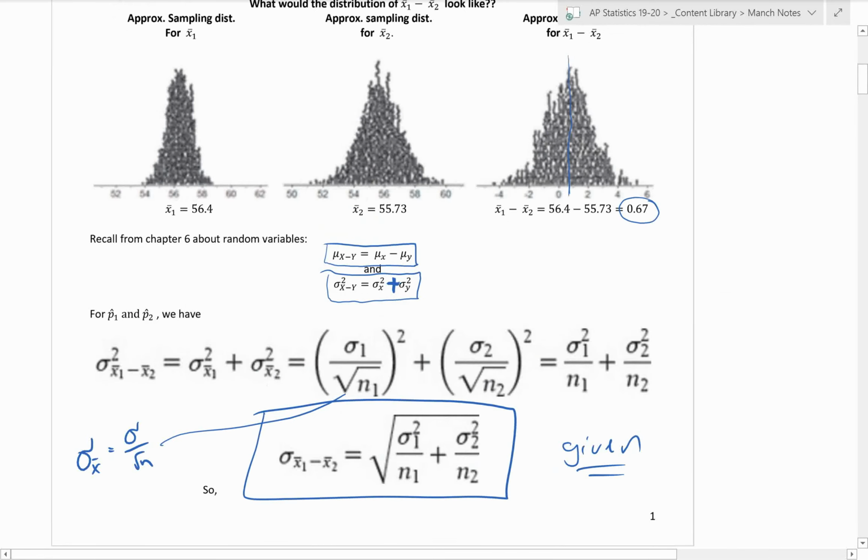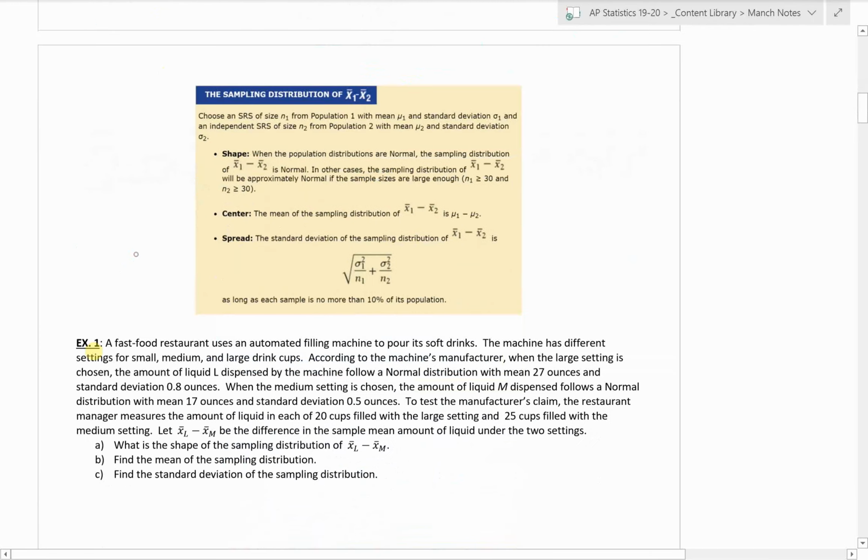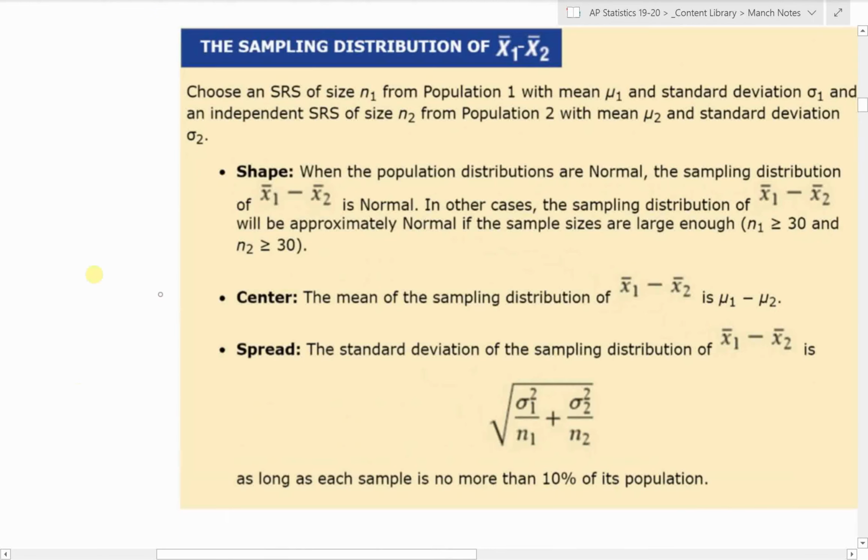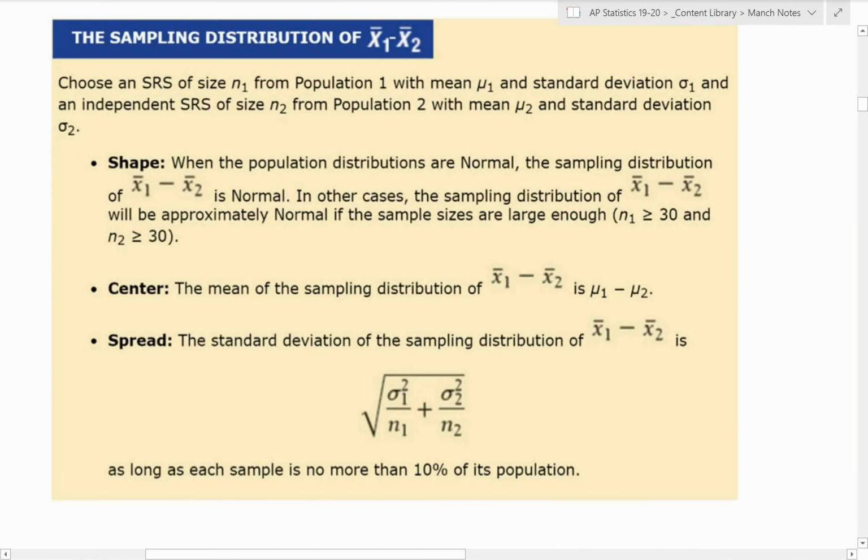All right, so shape, outlier, center, spread, that's how we describe a distribution. So when we talk about the sampling distribution of a difference of sample means, we see that the shape of the sampling distribution, if the parent populations are normal, will also be normal for the difference of sample means.